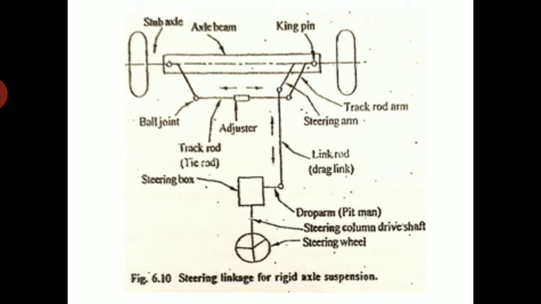Then drag link, steering arm, track rod, kingpin, axle beam. So this is the rigid axle, meaning the axle beam will be rigid here, so it will move in the forward direction. There is no independent movement, meaning it is not separate. In all vehicles nowadays, it is independent suspension, not rigid axle suspension.